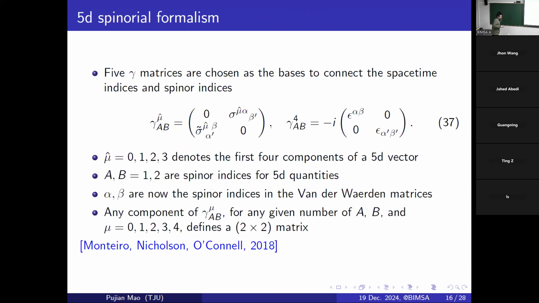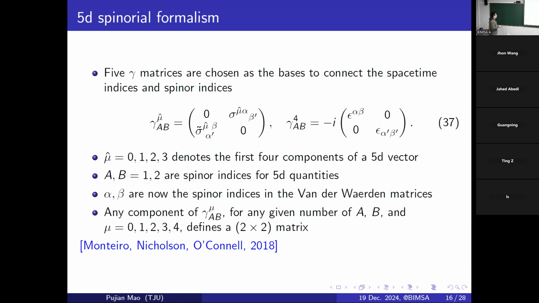In 5D it is kind of strange, because it is really constructed by hand. For the first 4 dimensions, we use the same Van der Waerden matrices, but we also introduce gamma 4 for the extra dimension.